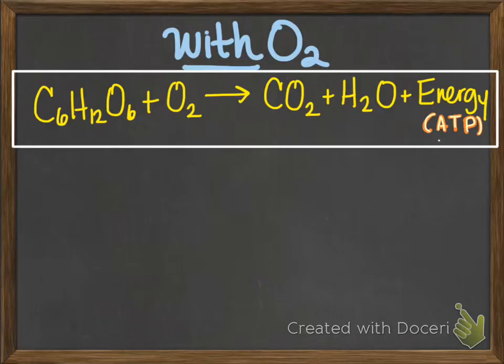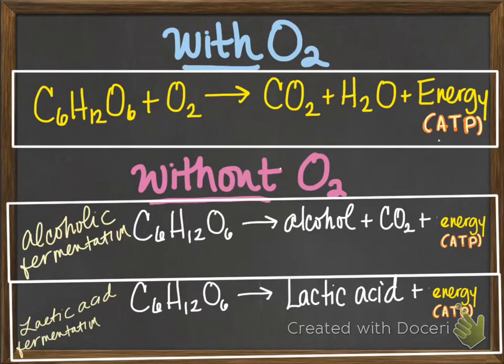If there's no oxygen to be had, however, cells are forced to choose, and depending on what type of organism or what type of cell we're talking about, they'll either perform alcoholic fermentation, where they take that C6H12O6, the glucose molecule, and break it down, forming alcohol, CO2, and energy, or lactic acid fermentation, where they break down the glucose, forming lactic acid and a little bit of energy.